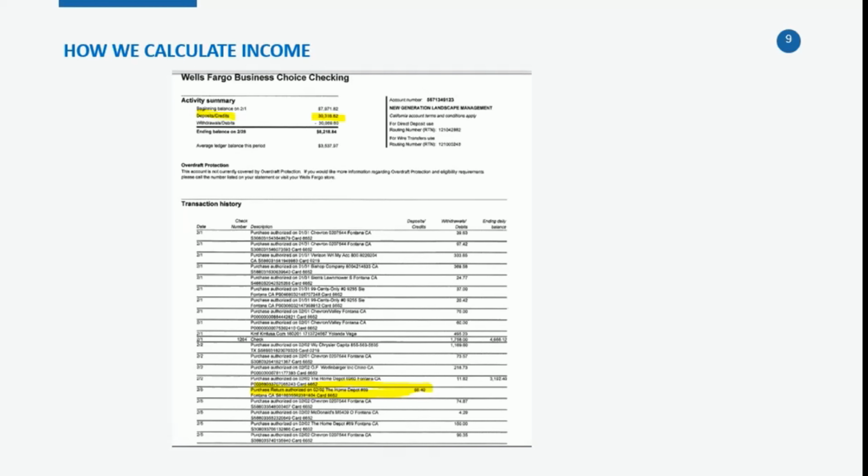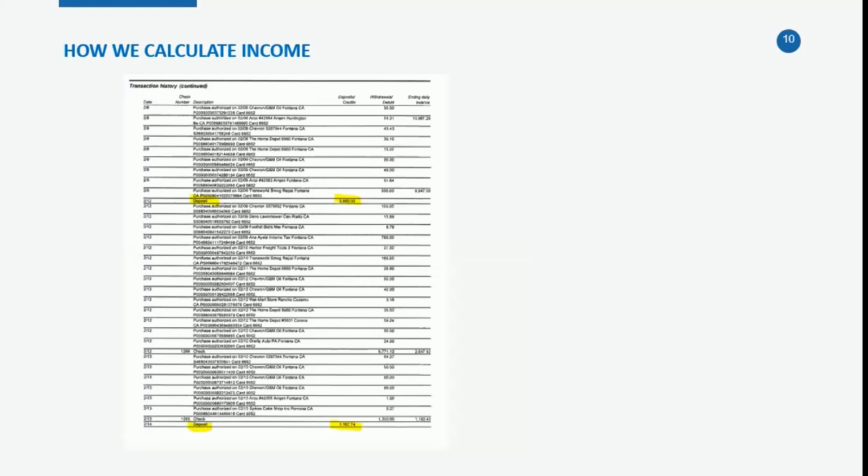No. But I have a deposit here for over $3,000 and another deposit down here for over $3,000 or $1,000, right? Am I going to be able to use that as income? Yes. So they're going to be evaluating everything that's in your deposit column to see what they can use and what they have to back out.